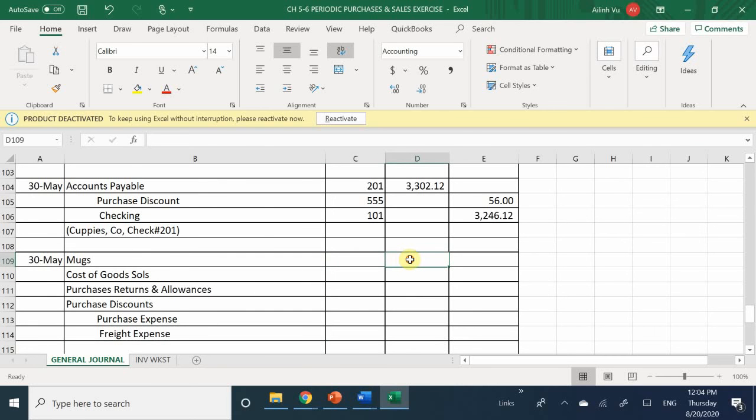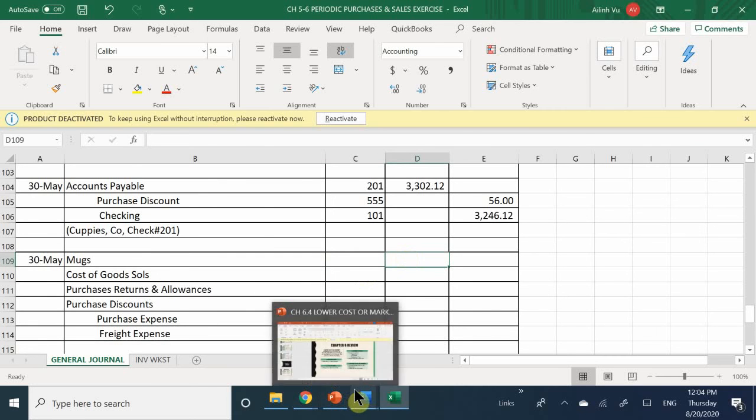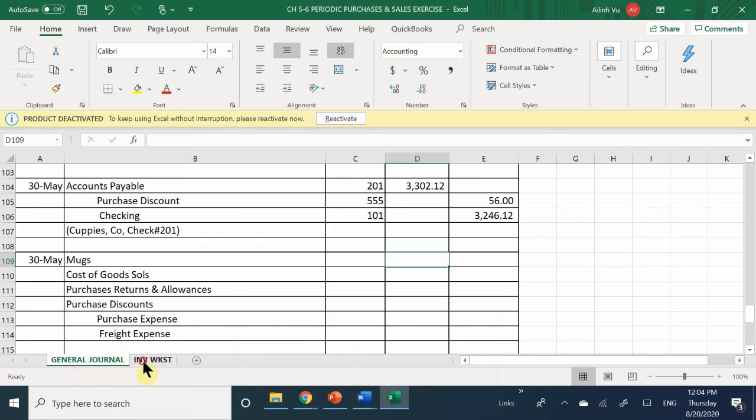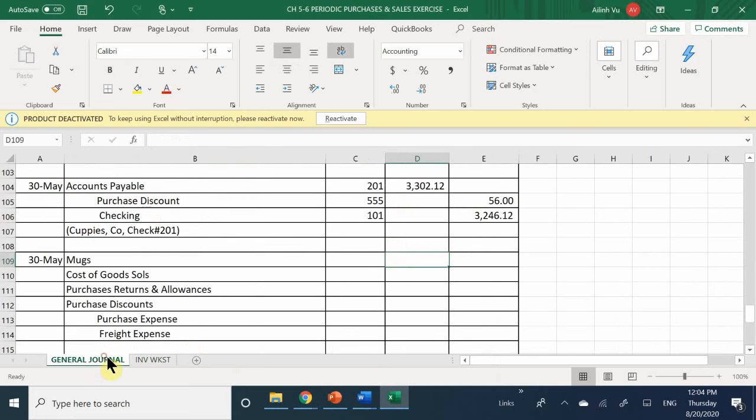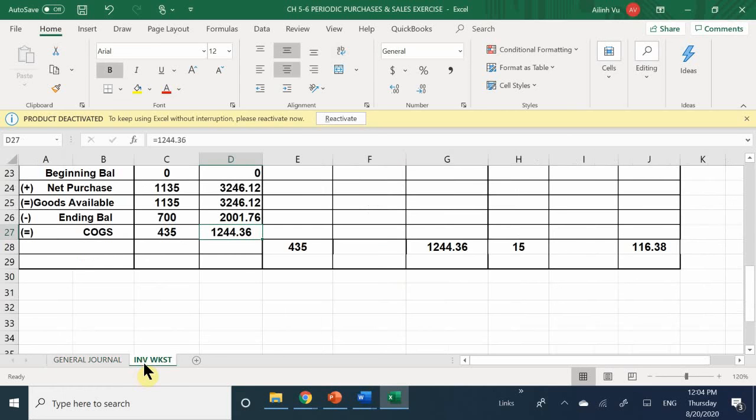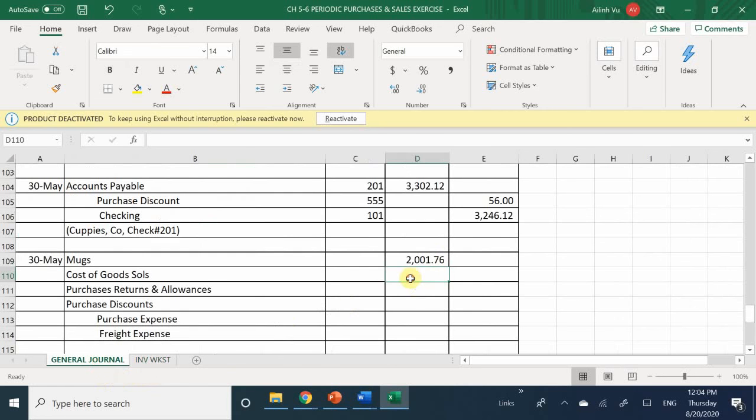How many mugs am I putting into my inventory? What's my ending balance? 700. For the 700, but what is the value of it? 2,176. And then my cost of goods sold is 1244.36.